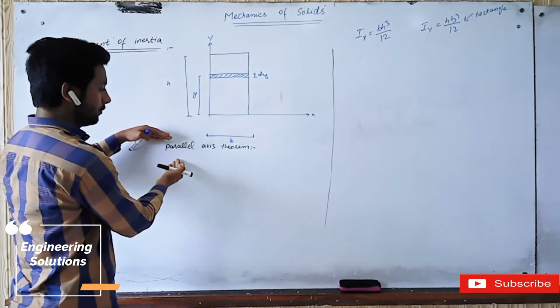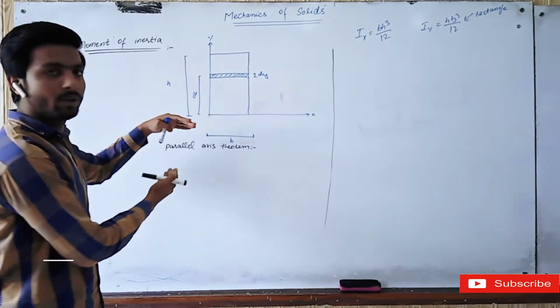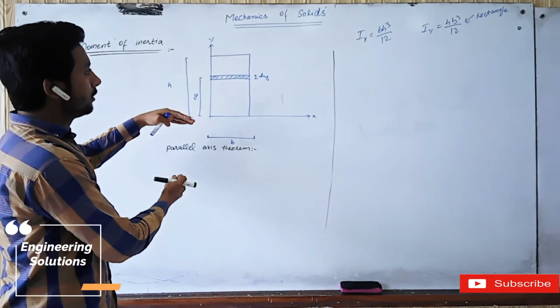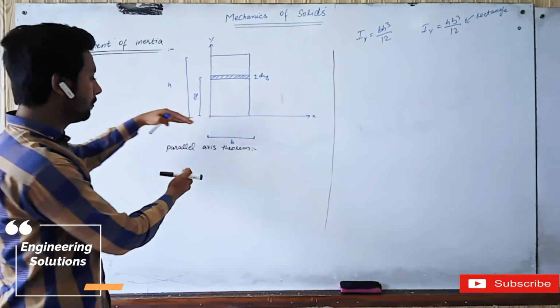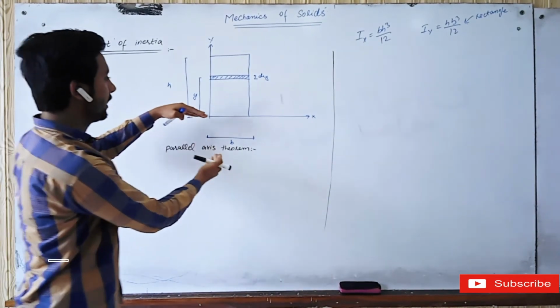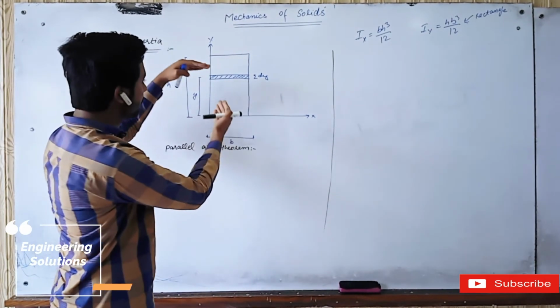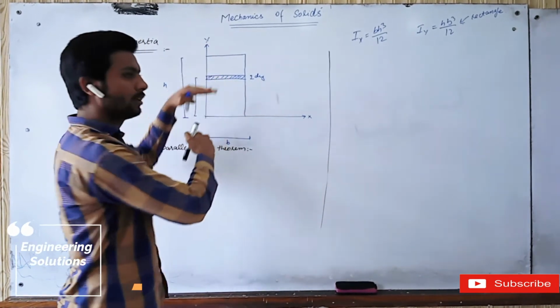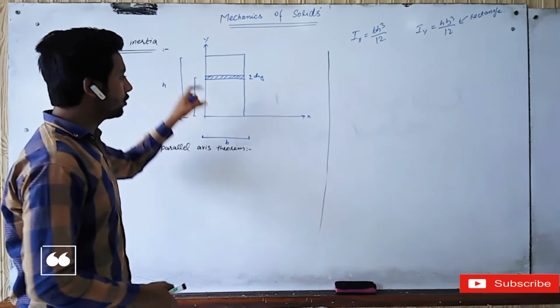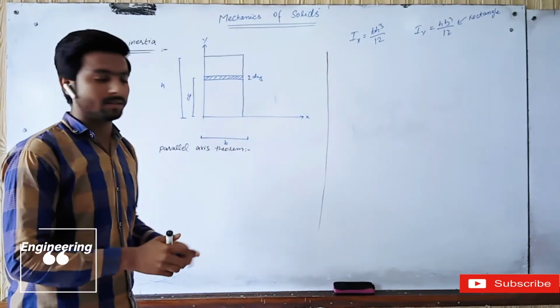The parallel axis theorem states that if we know the moment of inertia about any axis, then by using this formula we can transform the given moment to any required axis if we know the distance between the two axes.